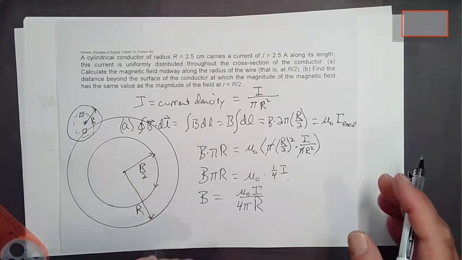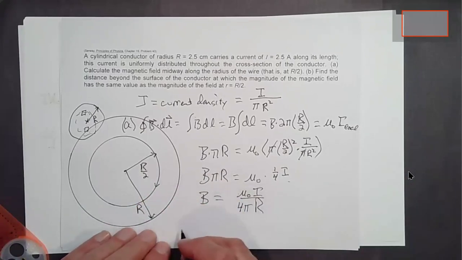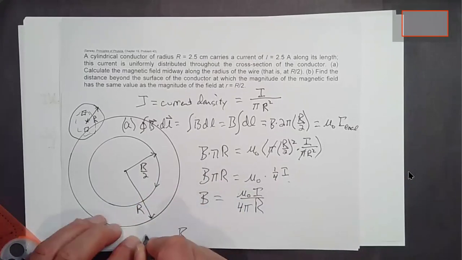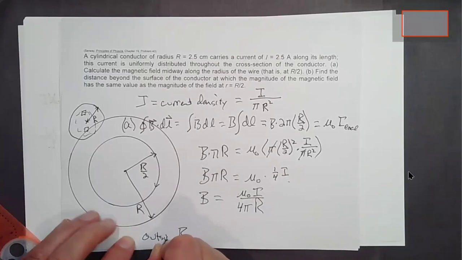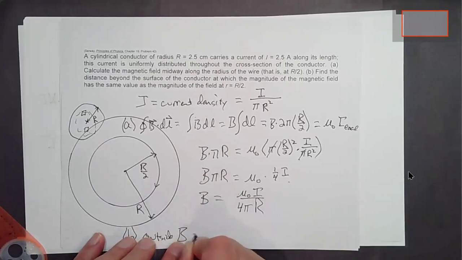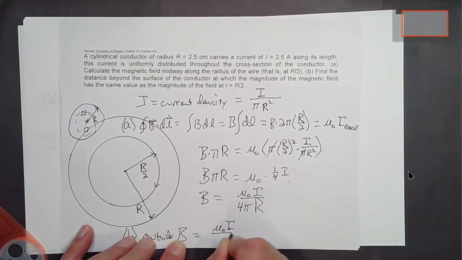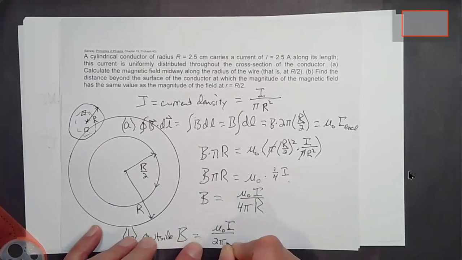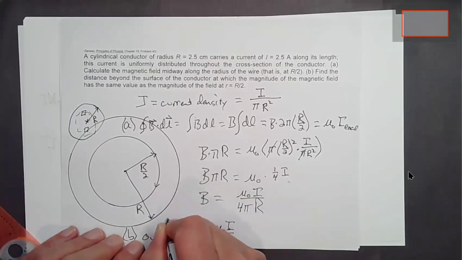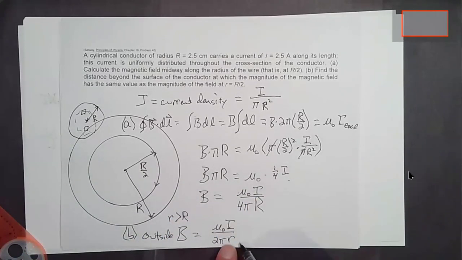And I guess it'll be outside the wire, and this will be part B. Outside, B is going to equal mu naught I over 2 times pi times r. And this is for r greater than capital R.